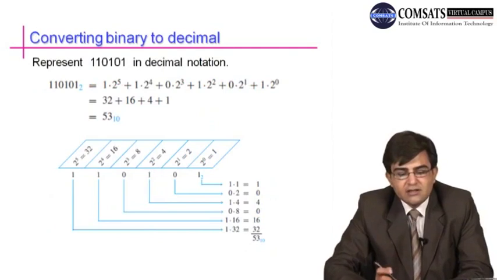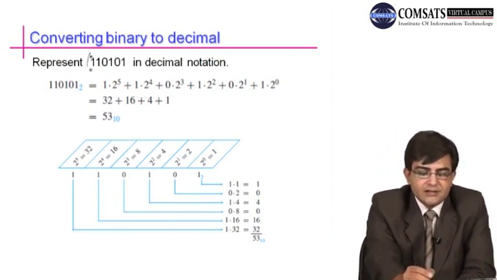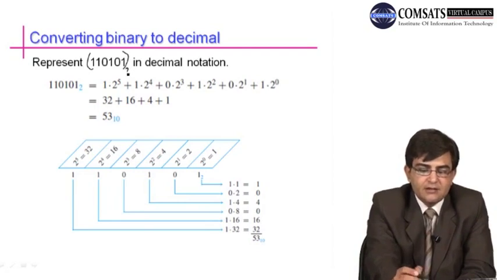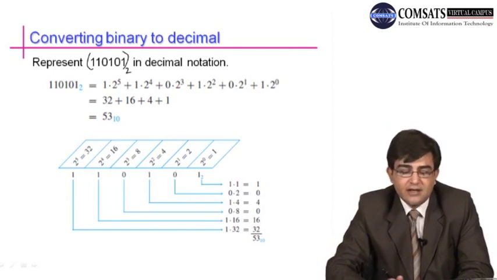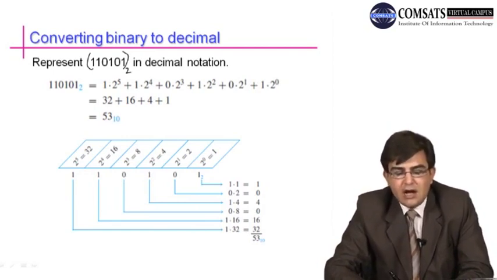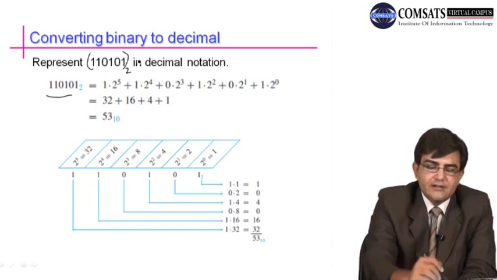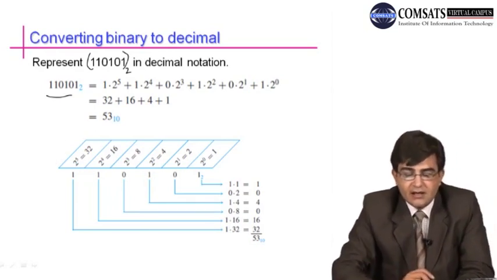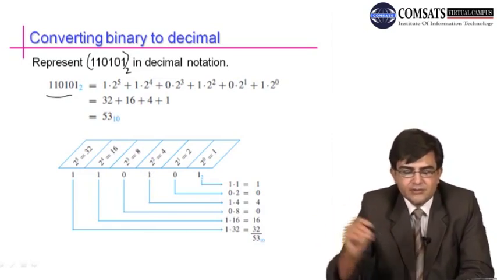Now how to convert a binary representation of a number into a decimal representation. Let's consider this example. Here we have a number which has base 2, that is, it's a binary representation of some number. How to convert this number into decimal notation? As we converted a decimal number into binary, we reverse the same process.